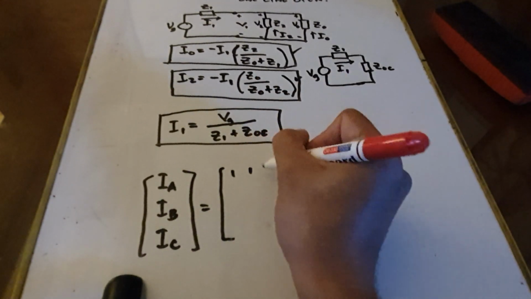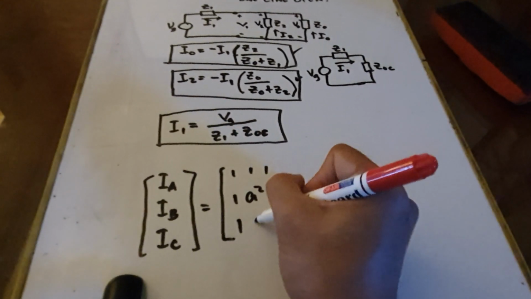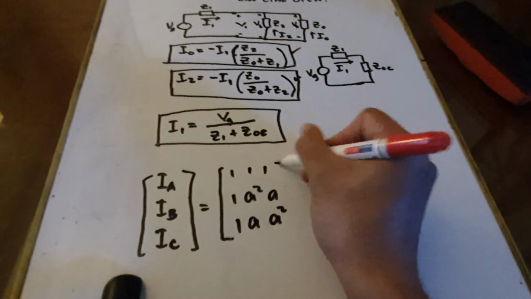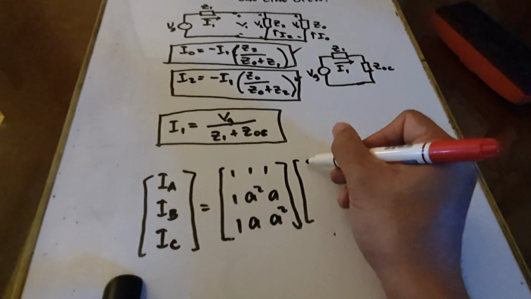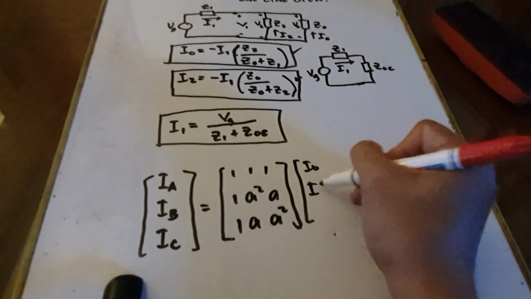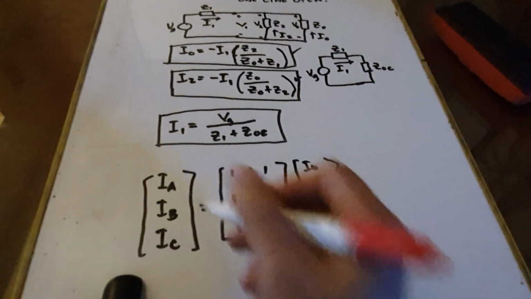This is 1, A squared, A, 1, A, A squared. So you have to substitute that here. Then after that you can determine the value of the phase currents.